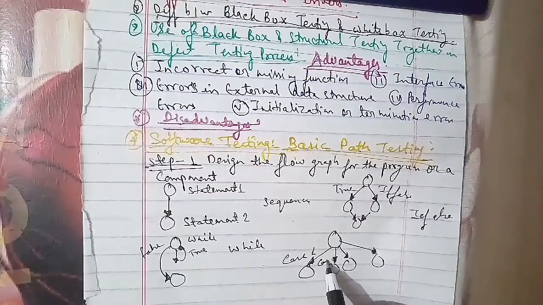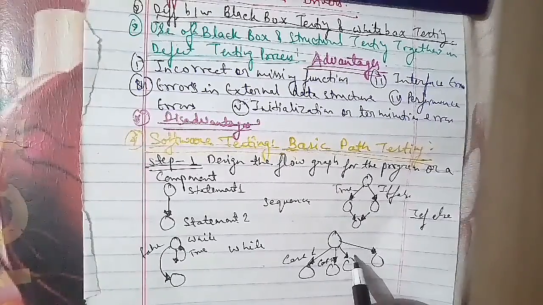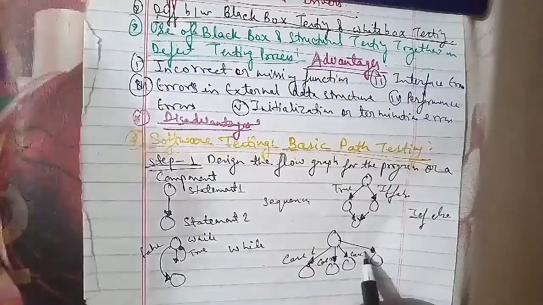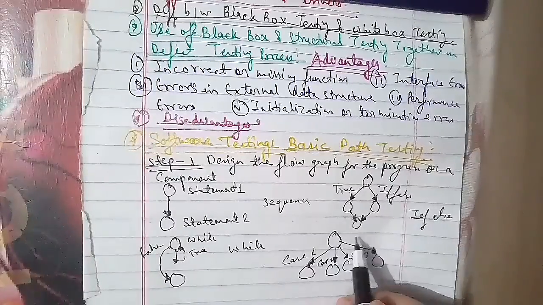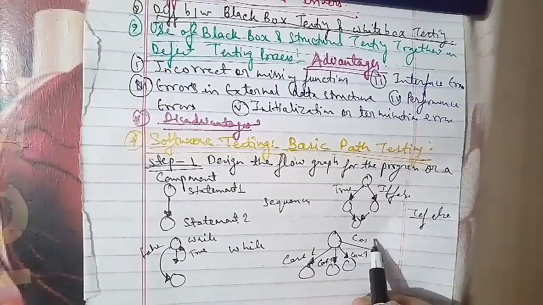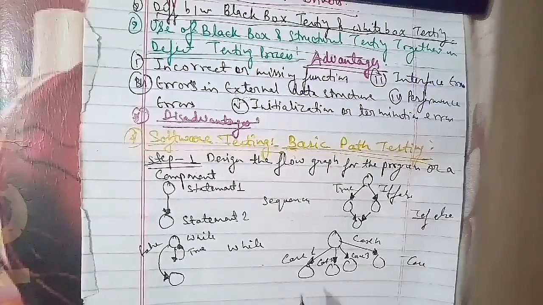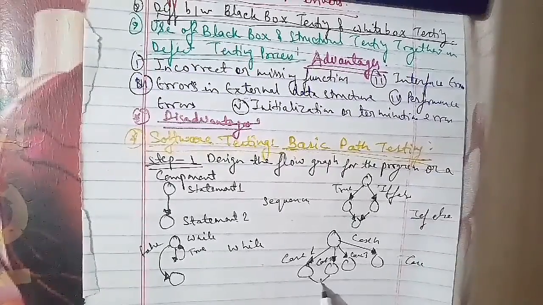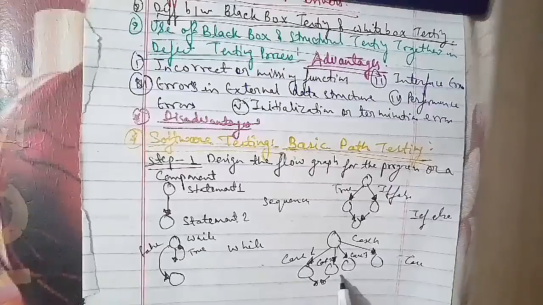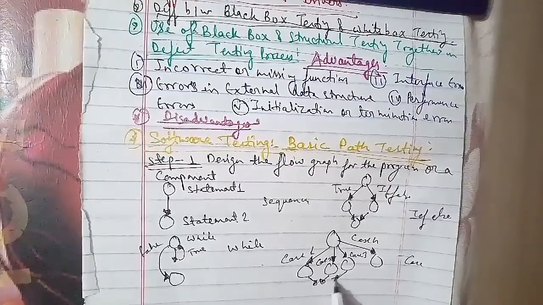The program is: void search (int key, int n, int a[], int mid).